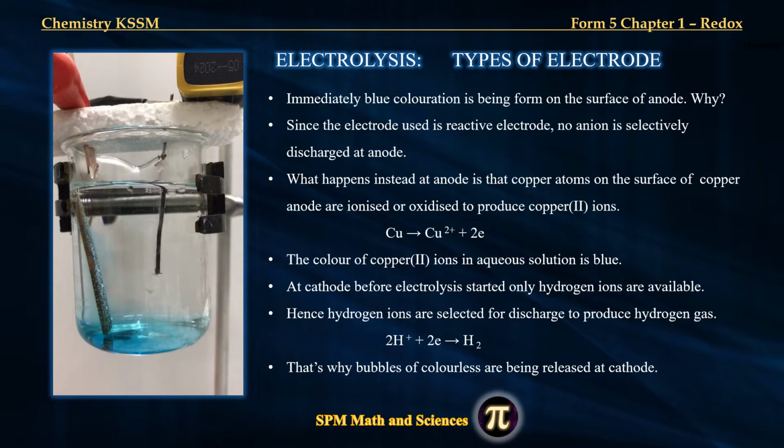How about the cathode? The cations available before the electrolysis occurred are hydrogen ions. So in this case, hydrogen ions are selected for discharge, and the product is hydrogen gas. That's why what you're observing now is that bubbles of gas are being released.